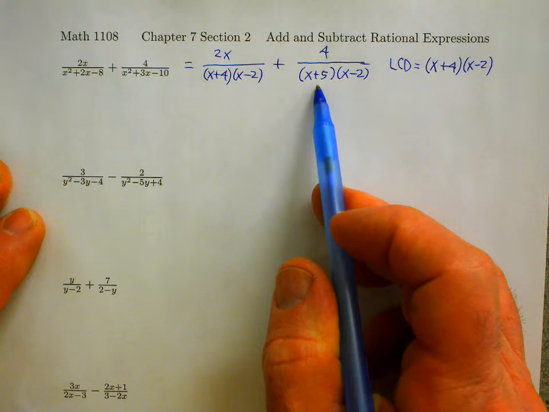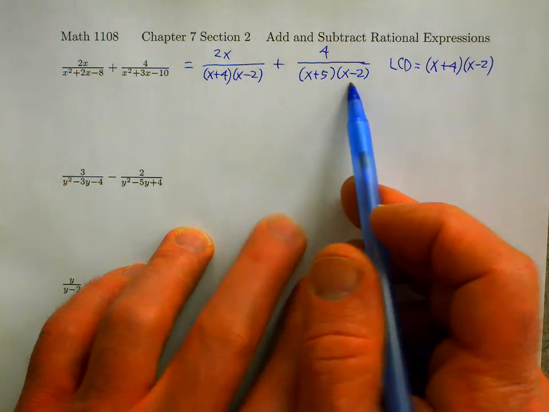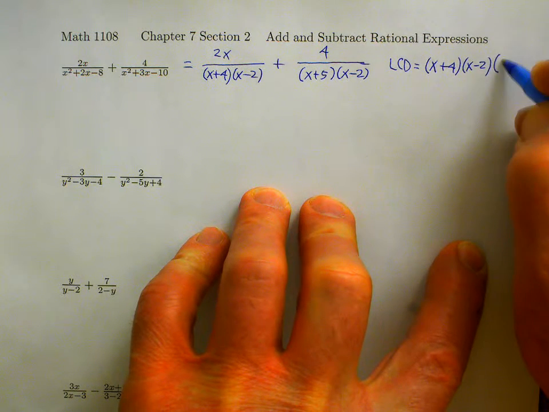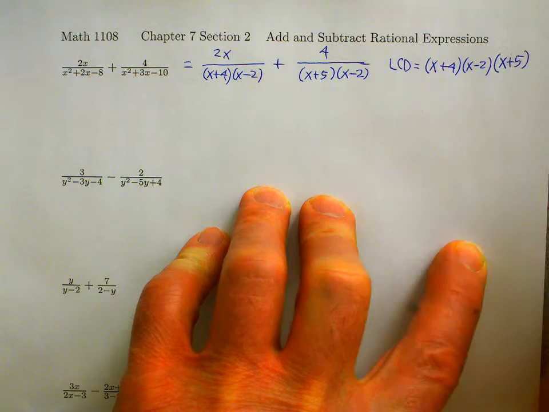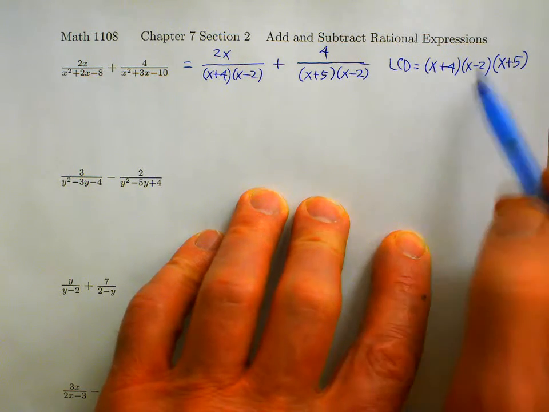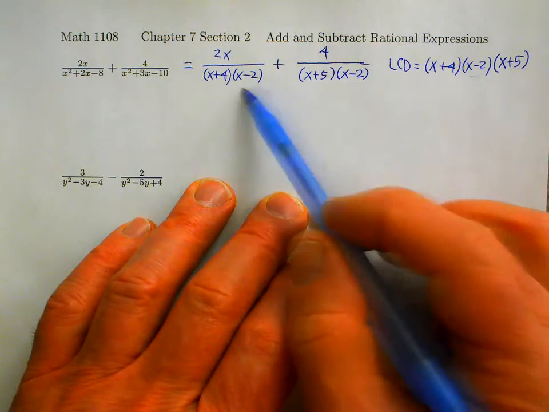And in the other denominator, we have the binomial factors x plus 5 and x minus 2. So the least common multiple has to have the factor x plus 5. The factor x minus 2 is already accounted for because it's a factor in both denominators.